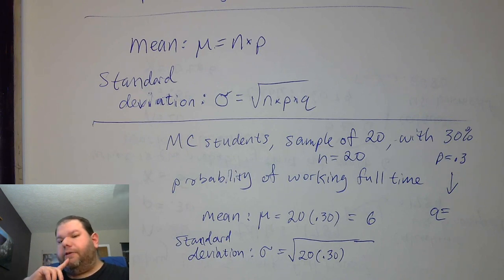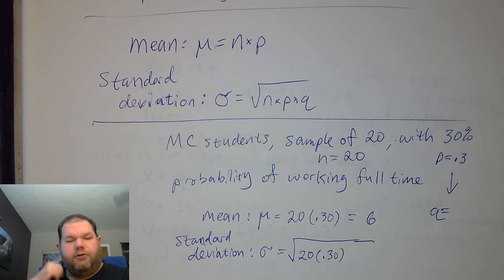Q is our probability of failure. We have a 30% chance of success, so what percent chance of failure do we have? 70% chance of failure.